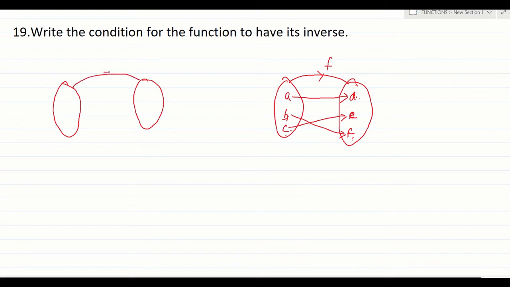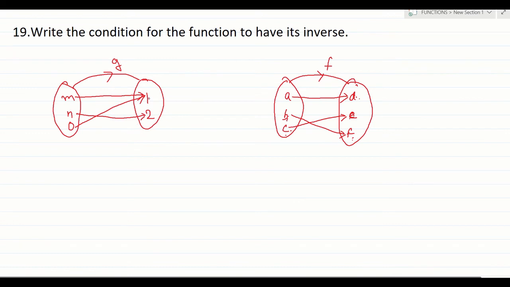Suppose this is function g, and here we have, suppose, m and o. Here we have, suppose, 1 and 2. Suppose m is related to 1, o is also related to 1, and n is related to 2.